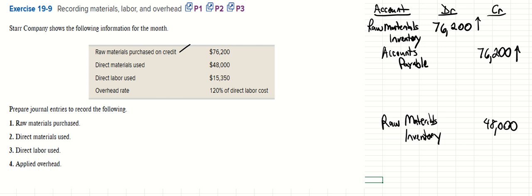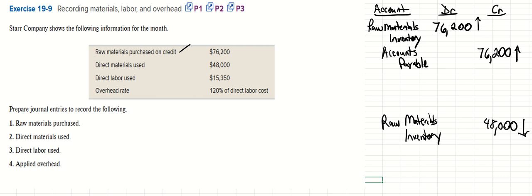Okay. So out of the raw materials that were acquired on credit of $76,200, the company used up $48,000 of it. So we have to credit that account. And since it is an inventory account, it is an asset account. Crediting that account is going to decrease the balance in that account.